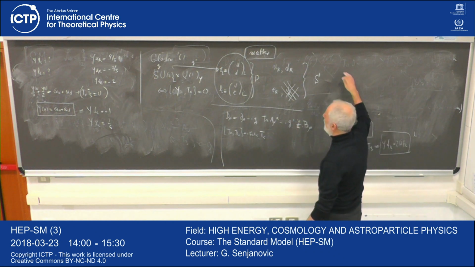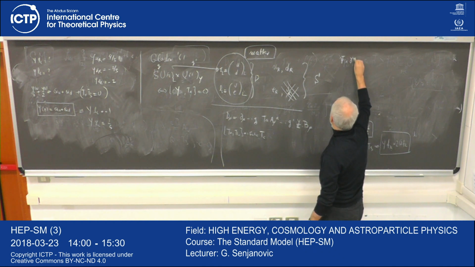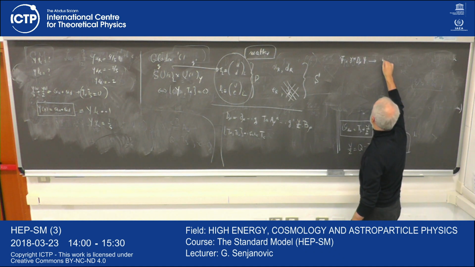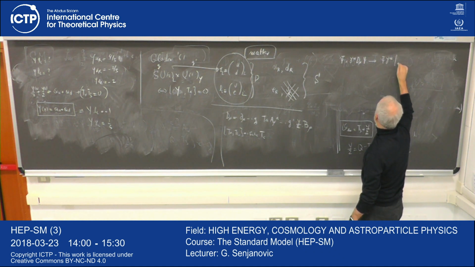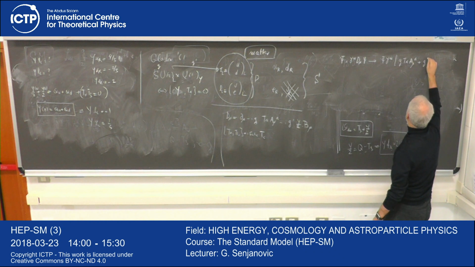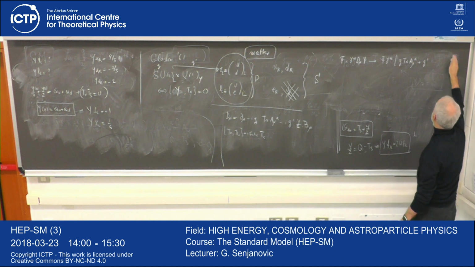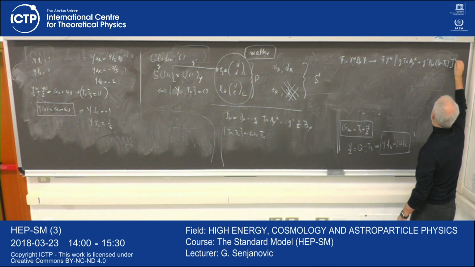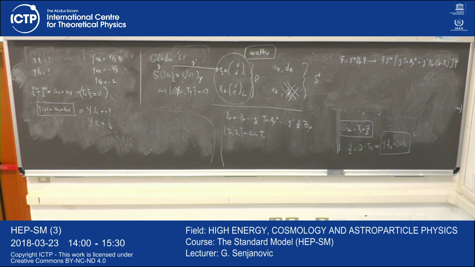So once again from the covariant derivative, I start with psi bar, i gamma mu D mu psi, and that reproduces the interaction psi bar, gamma mu, g A mu a, let's write it all the way, that's g prime, B mu, and I can write Q minus T3 phi. Y over 2 I got rid of, because these are my fundamental quantities.